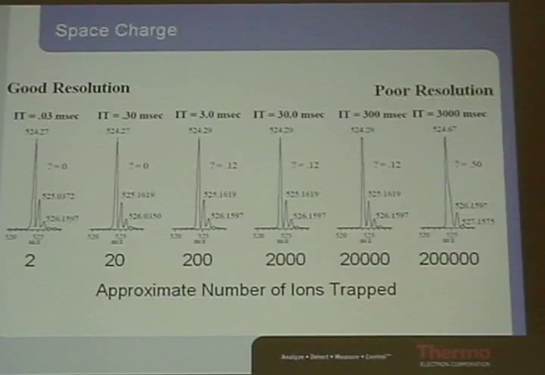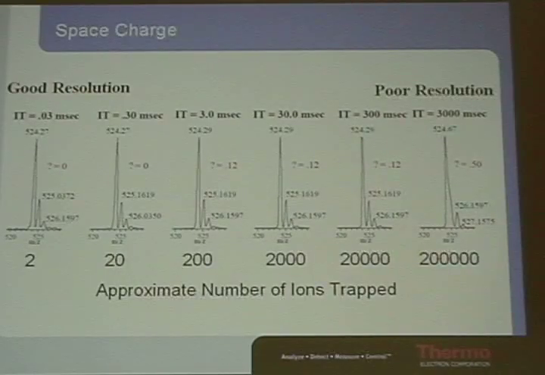So what happens is the ions around me create a separate RF field. And the more ions, the more RF field is measured by me. So my voltage that I experience is not the applied RF. It's the applied RF plus the RF of the ions that are actively around me.